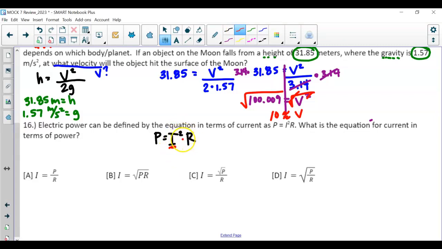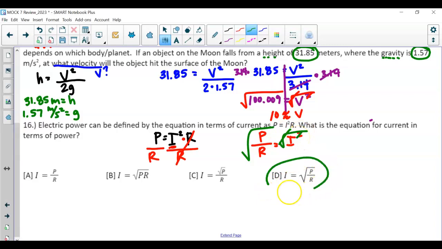Right now it's being multiplied by R, so first we need to divide both sides by R. Once R cancels out, I now have P divided by R, which is equal to I squared. Now we can get rid of that exponent, solving for I, and take the square root. So that leaves you with the answer of B.